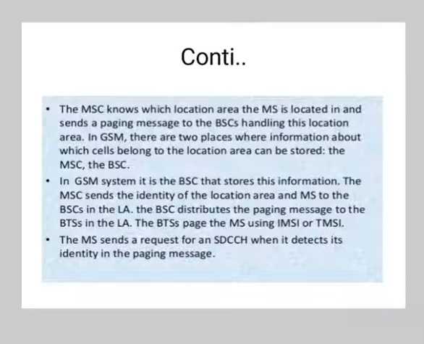In GSM, there are two places where information about which cells belong to the location area can be stored, the MSC and the BSC. In the GSM system, it is the BSC that stores this information.